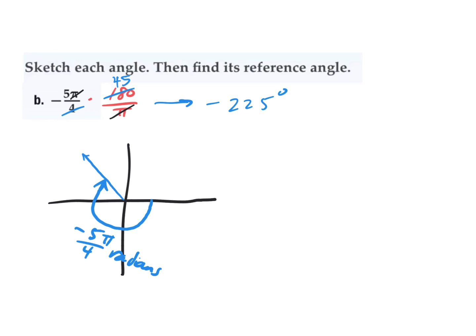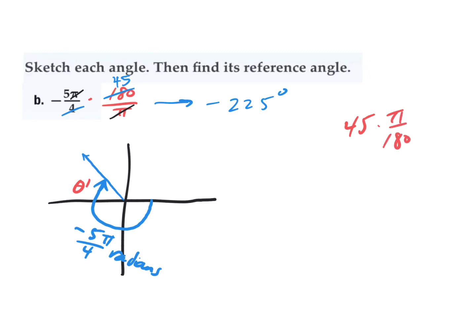Okay, now we got to find the reference angle. Well, we found the reference angle. We talked through it, right? We said, all right, we got to go to negative 180, and then we had to go how much further? 45. Well, I can't write 45 degrees on here. Sorry. No dice. This is my theta prime, my reference angle right there. So I need to convert 45 now to radians.